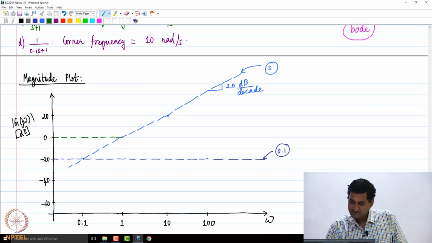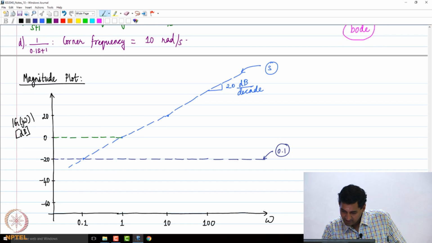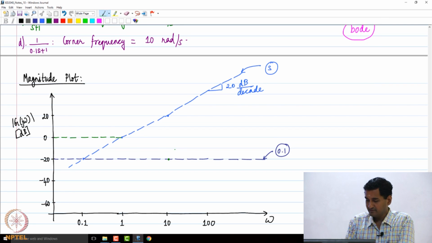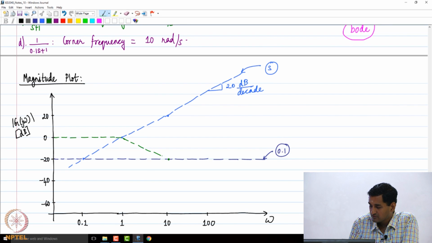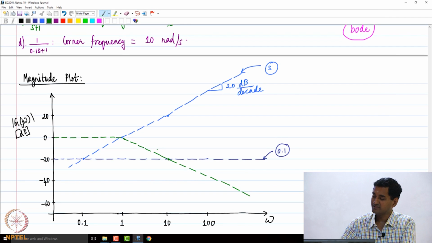So how do I plot it? Let's say I take a frequency of 10. I mark where minus 20 is. Then I can plot the high frequency asymptote with a slope of minus 20 decibels per decade.